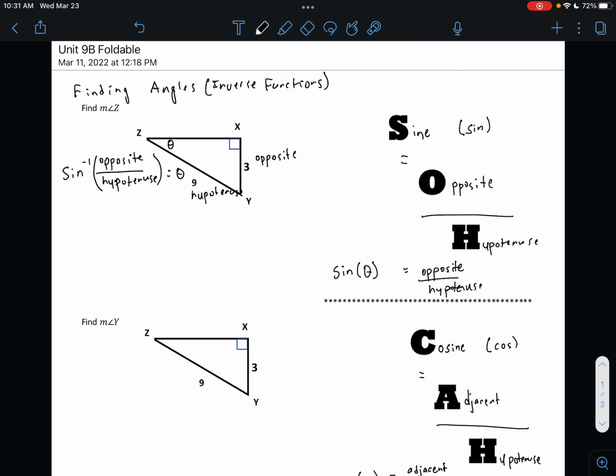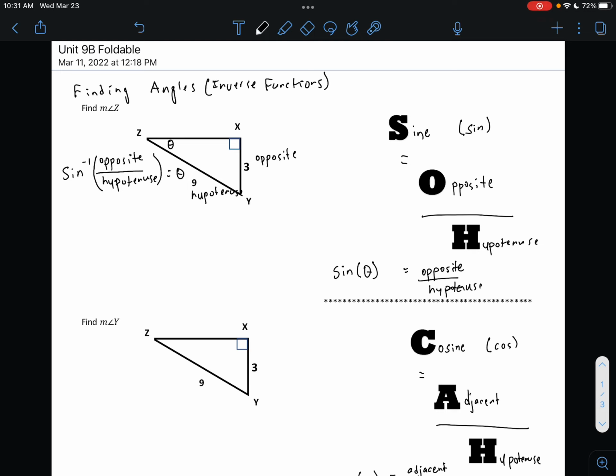So kind of it's like the angle that we're looking for and the opposite over hypotenuse fraction switched places. So now the opposite over hypotenuse goes in the parentheses, and that's what we're going to be plugging into the calculator.